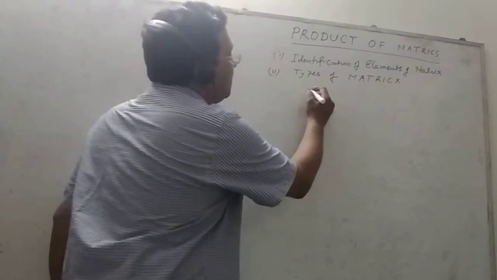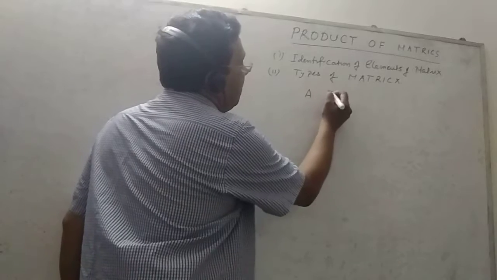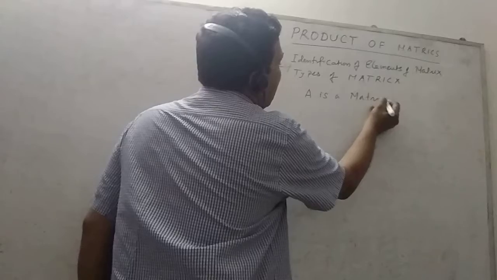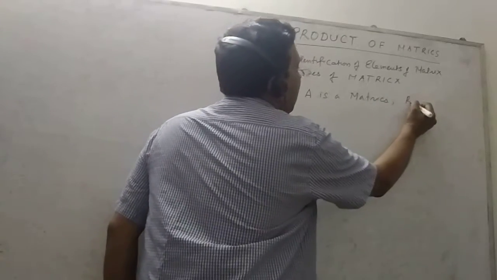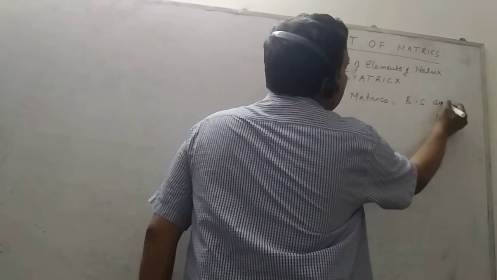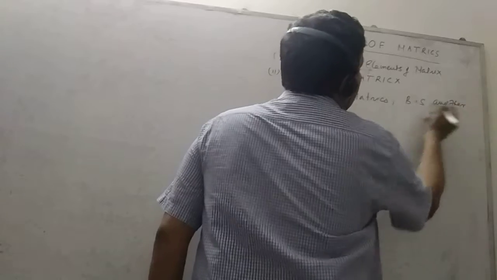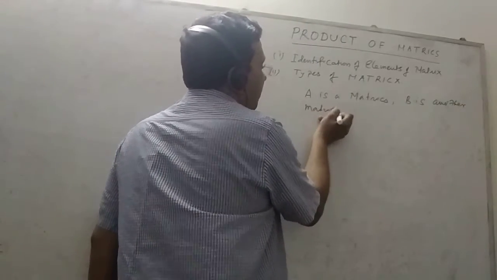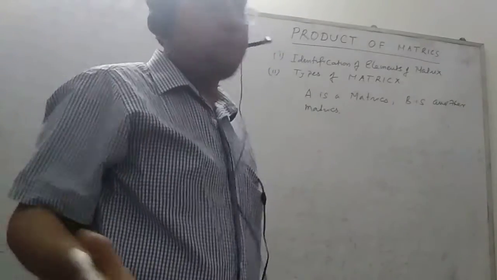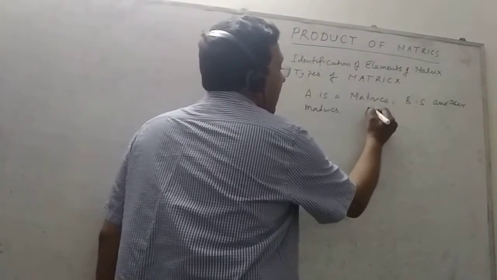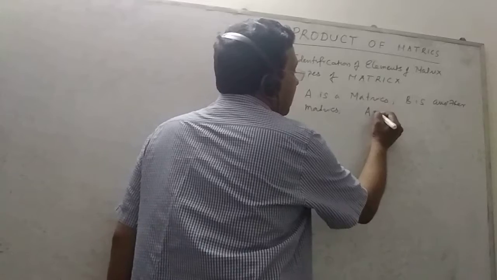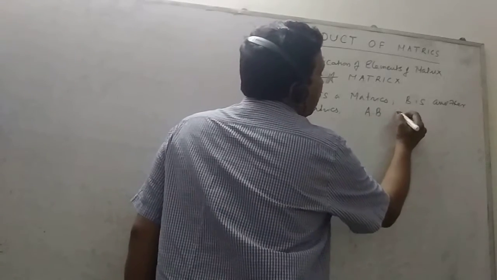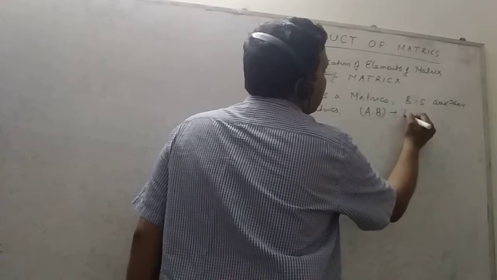So if A is a matrix and B is another matrix, and their multiplication is possible, then A cross B or A dot B, AB, is called the product of the matrix.